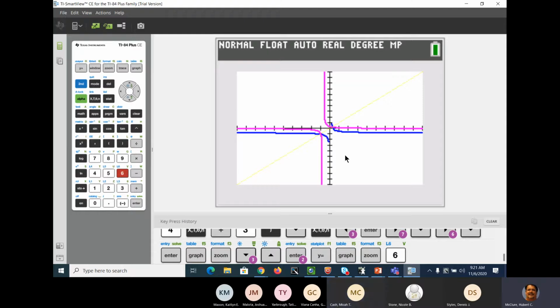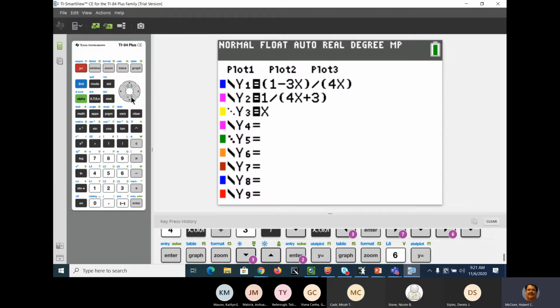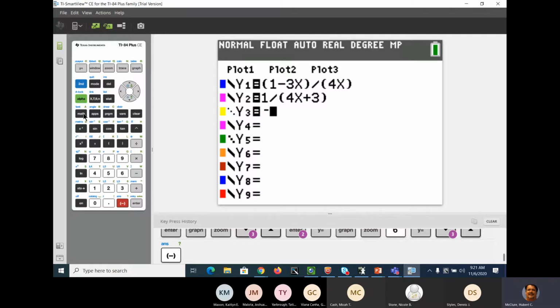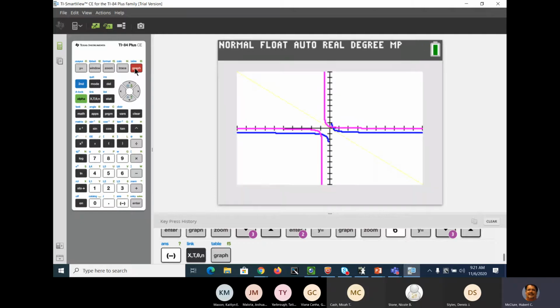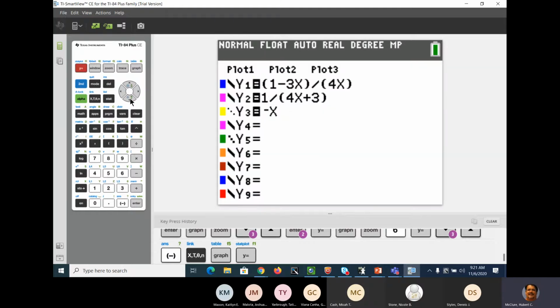Well, it's not symmetrical around the, well, it's symmetrical, okay, because it's a rational function. Let me do y is equal to negative x. Okay, well, just take that one out. Y is equal to clear.